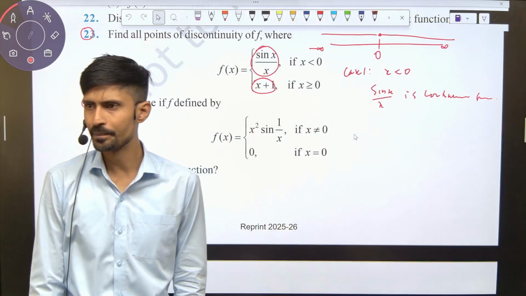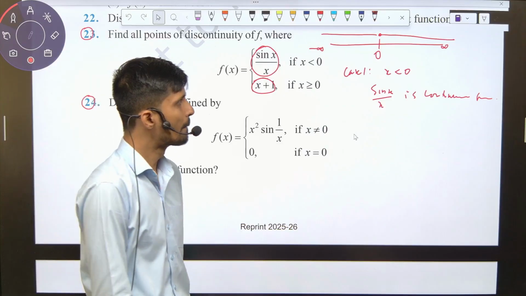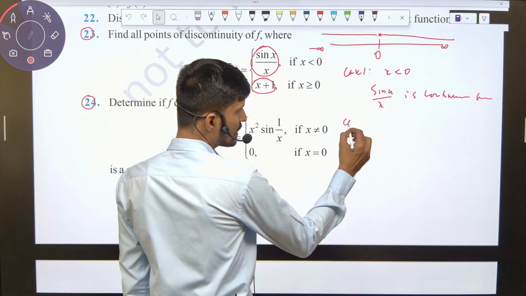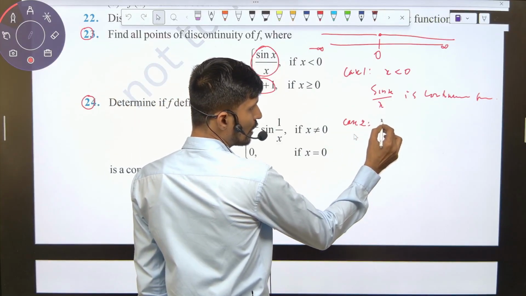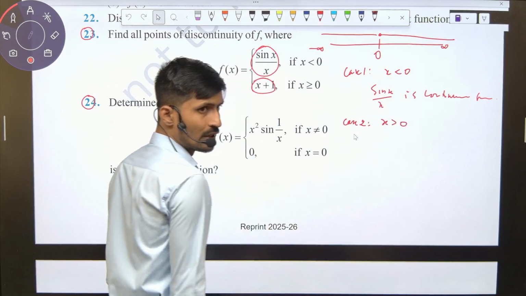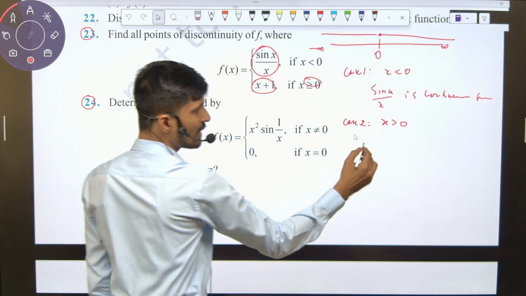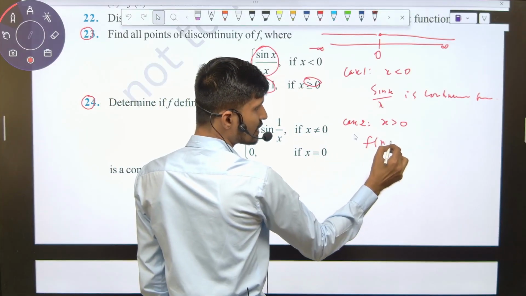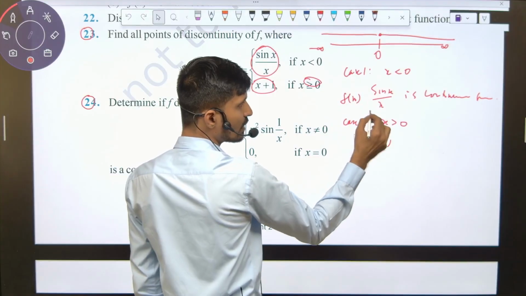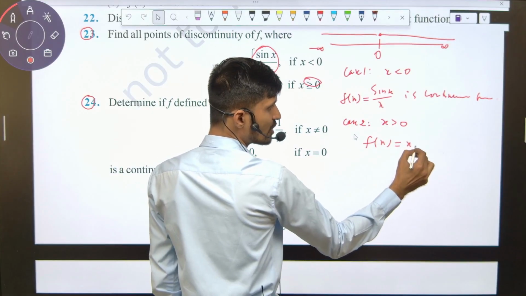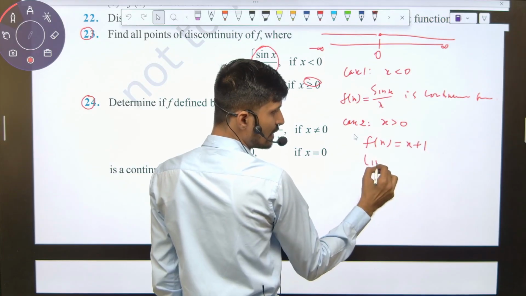Okay. Now case 2, when x is greater than 0. When x is greater than 0, we have to consider x plus 1. Here you can write f of x equals x plus 1. This is a linear polynomial.